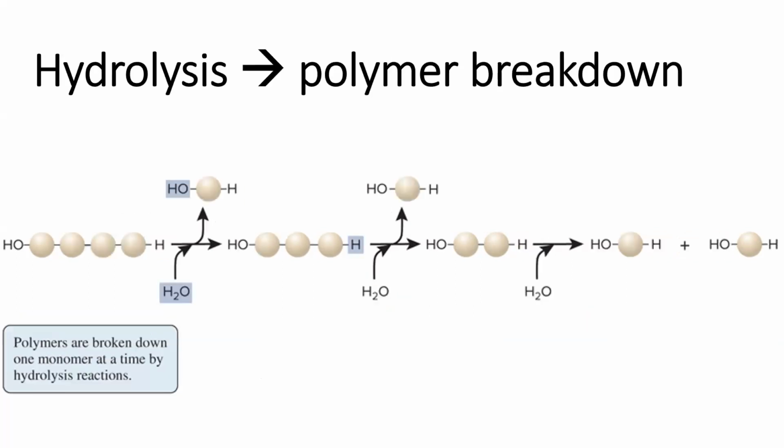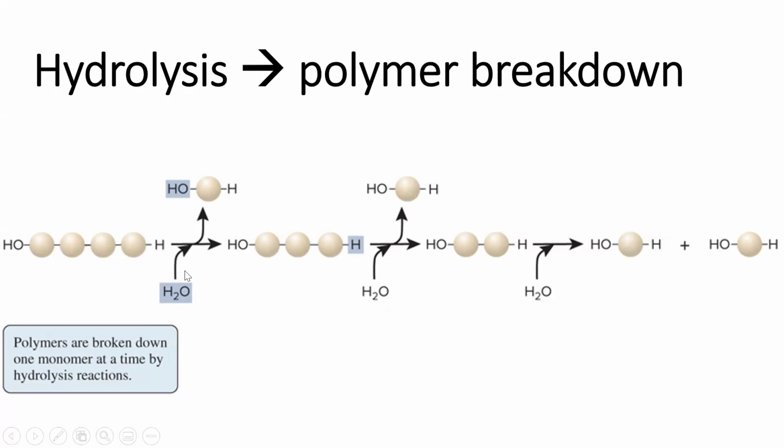The opposite type of reaction is a hydrolysis reaction, and that's where you're taking the polymer and breaking it down. Hydrolysis, from the word hydro, which is water, and lysis, to split or break. So basically you're performing a reaction that is using water to break the bond.